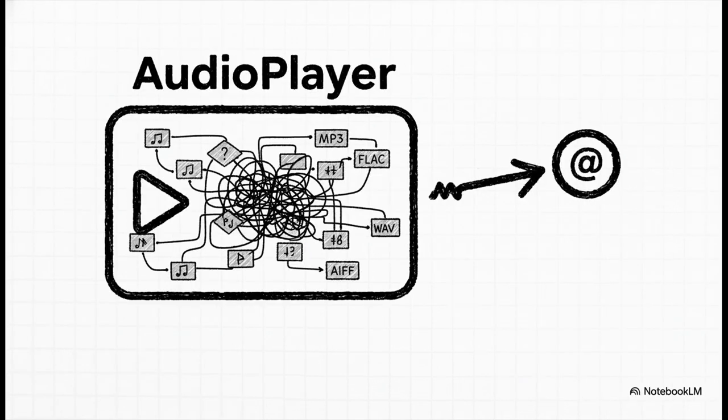Without polymorphism, you'd probably end up with this giant, ugly chain of if-else statements. The poor audio player has to know the specific details for every single format, and if a new format comes out, you have to crack open the audio player's core code and add yet another else if. It's rigid, brittle, and a total pain to maintain.